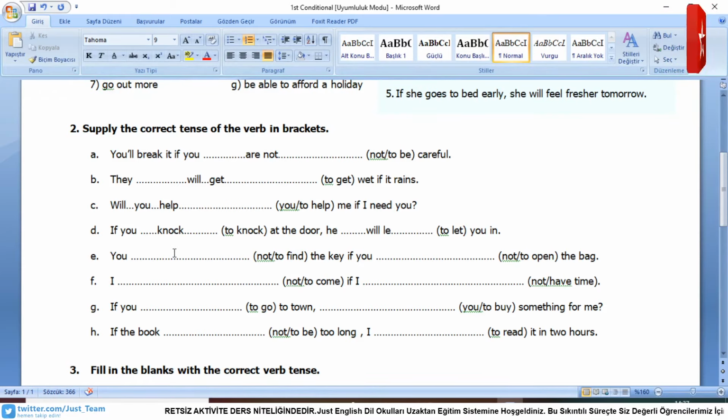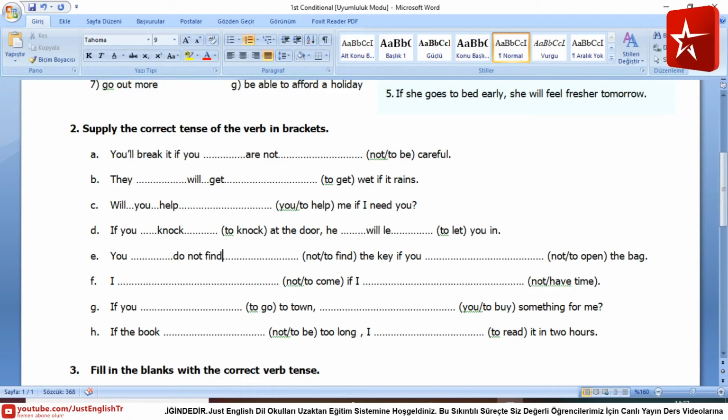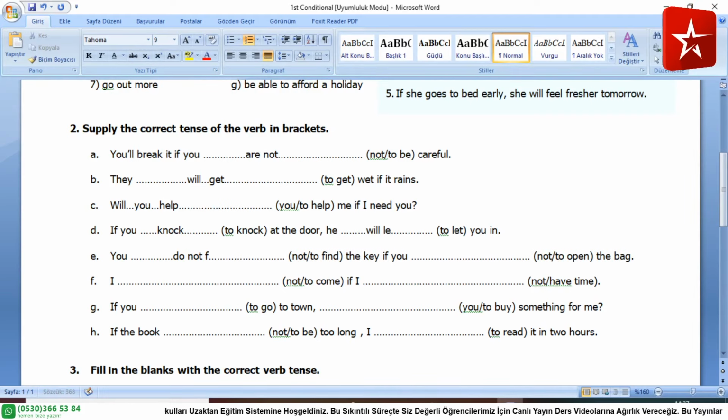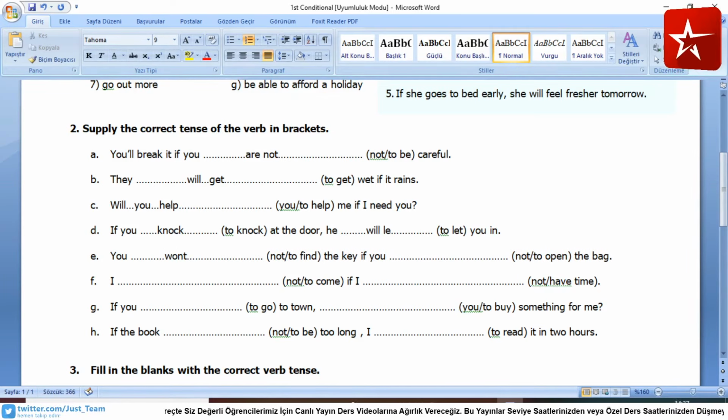Present simple. If you did not find the key, if you, or which one? Pay attention to this sentence. If you don't or if you won't. We have "if" here, it means we should use present simple. But this one is a main clause. We shouldn't use don't. We should use won't.